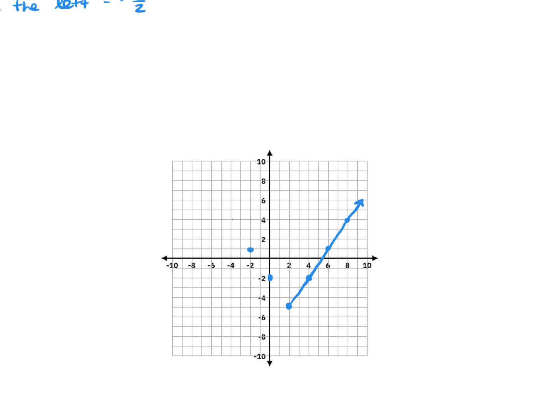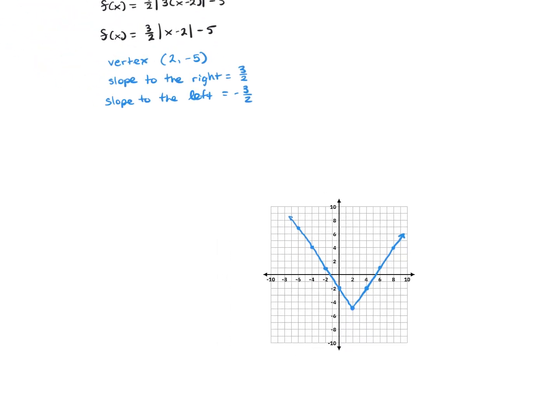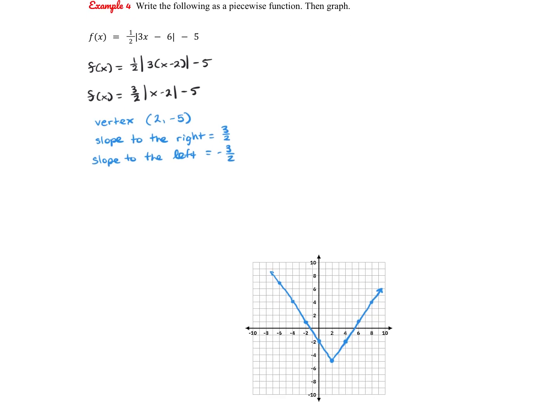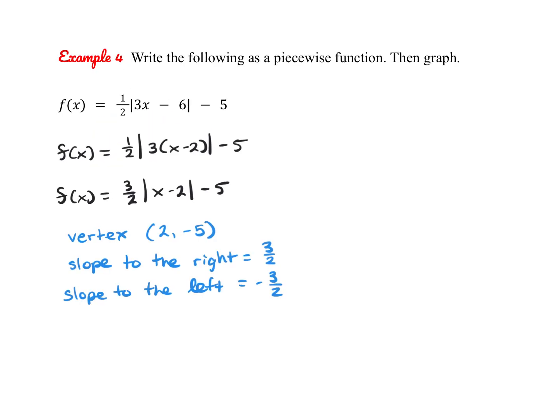So we're going to move in the opposite way. There we go. We have our nice V-shaped symmetrical graph. And now we want to write this as a piecewise function. So I'm going to just use this form to help us do that.